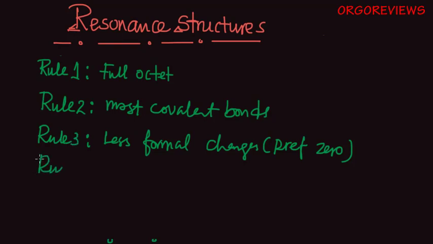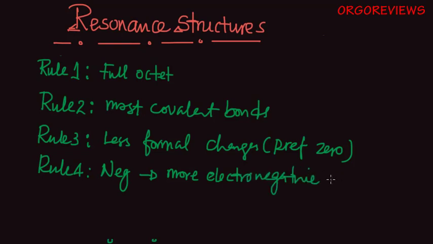Now rule number 4, when it comes to negative charges, you always try and give the negative charge to the more electronegative atom or element. So more electronegative will be preferable. And also, you always give it to the larger size. So if there are 2 elements, the larger size element should accommodate the electron.